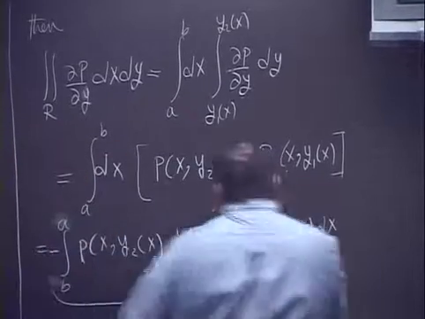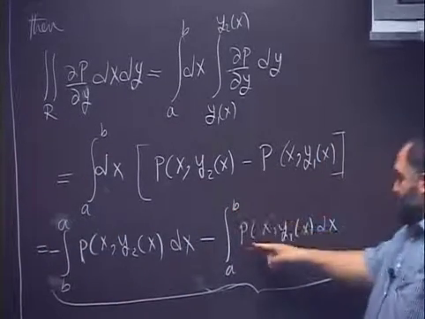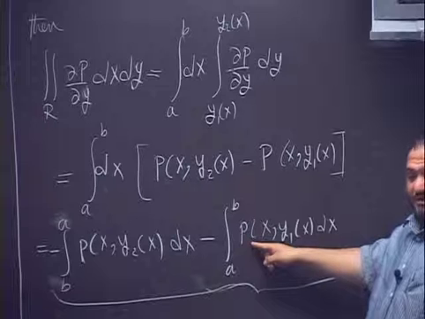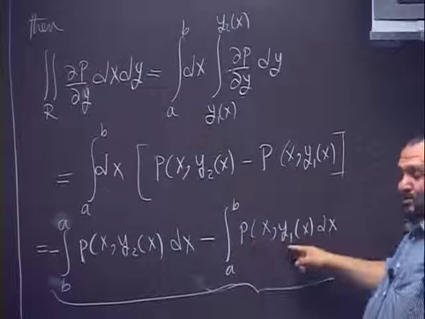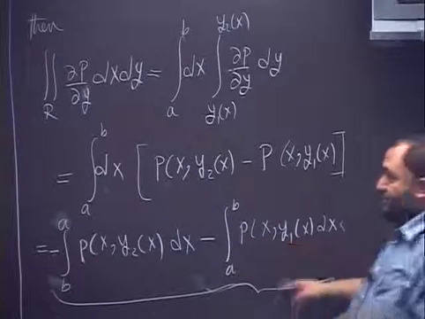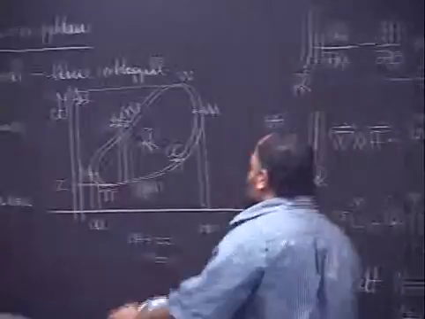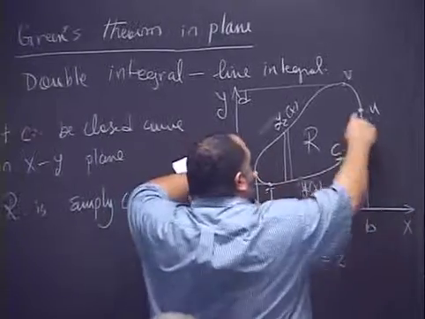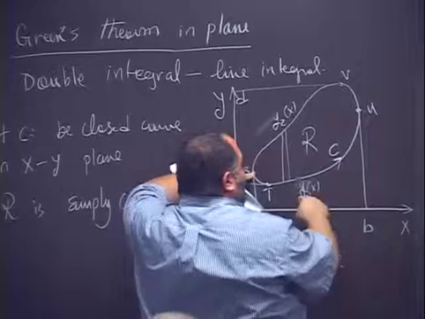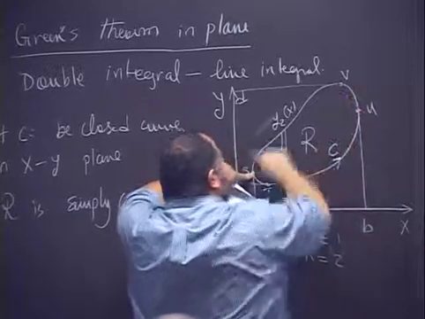You integrate from a to b for a function P of x and y1, so integrate from a to b over y1, then you go from b to a over y2.